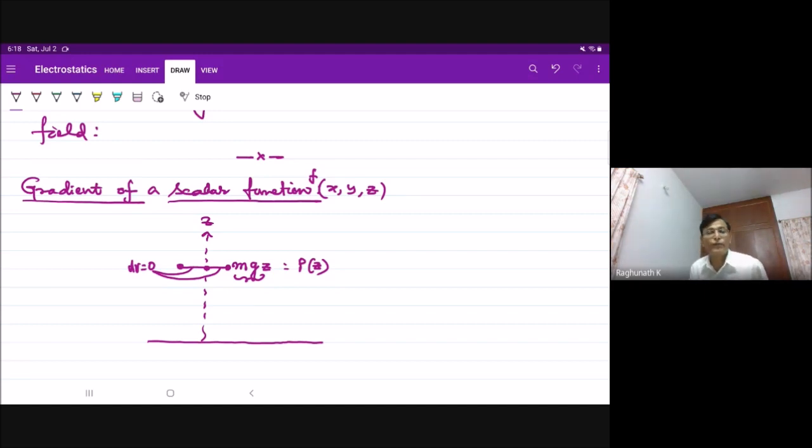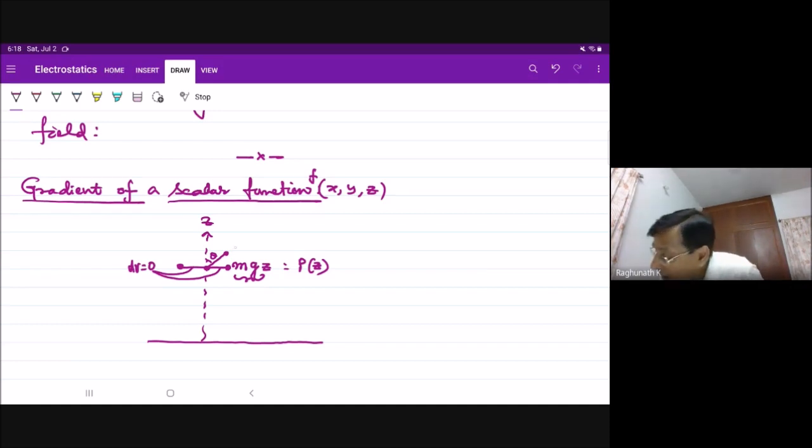Next, if I move through this particular distance, again dl only in that direction, let us say this is theta. I have effectively moved through dl cos theta against the field.